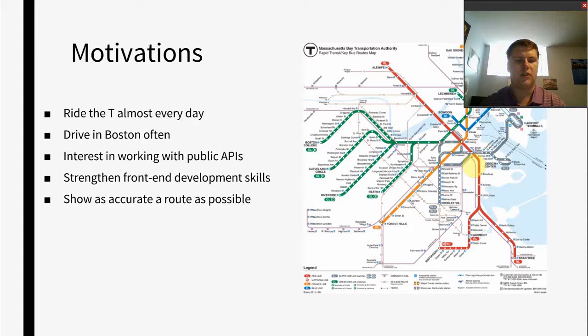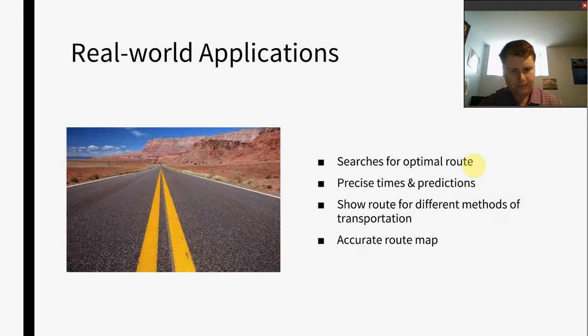And what I really wanted to do, like I said, is show as accurate a route as possible. I don't want to skew anything. So it's very obvious what the real world applications are for this project. It allows a very simple user interface where the end user can search for the route that they want and get accurate, up to date, and also optimal routes.